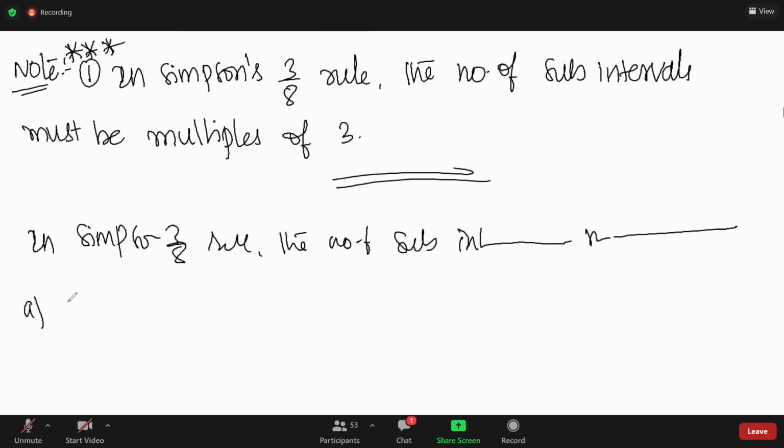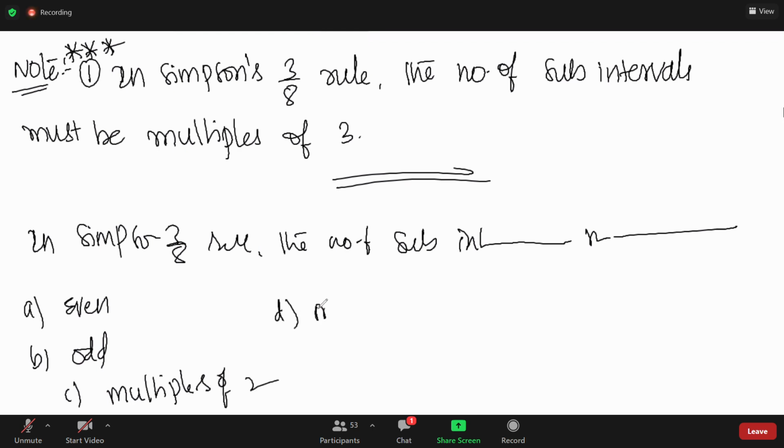First one even, second one odd, third one multiples of 2, next multiples of 3. The answer is multiples of 3.